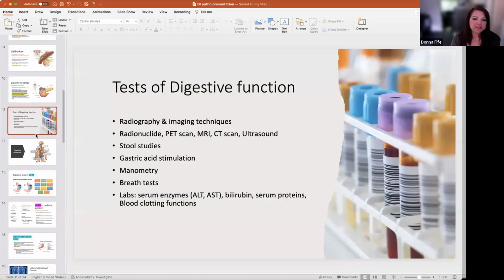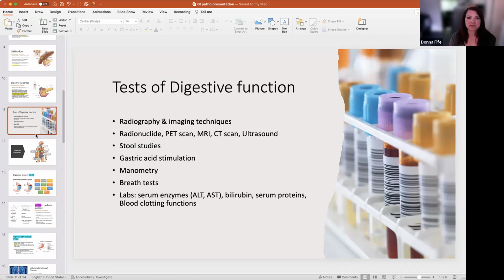Some different tests of digestive function. Testing might be done with radiography or imaging techniques such as X-ray, radionuclide, PET scan, MRI, CT scan, or ultrasound. The patient may need to have some stool studies done, gastric acid stimulation, manometry. There's breath tests, in particular for H. pylori, and the small intestinal bacterial overgrowth breath test.